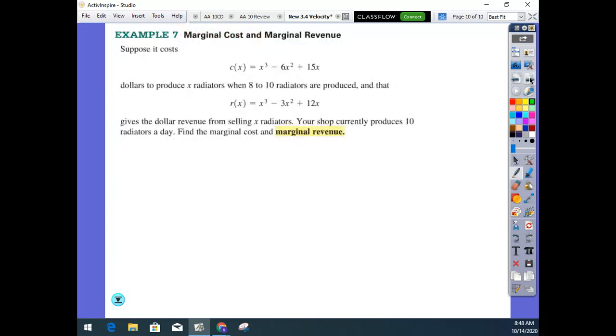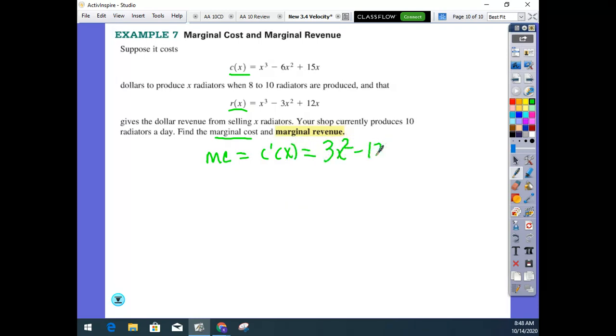So in the last example, they give us cost and revenue formulas. It wants us to find marginal cost and marginal revenue. Marginal cost is the derivative of cost, 3x squared minus 12x plus 15.